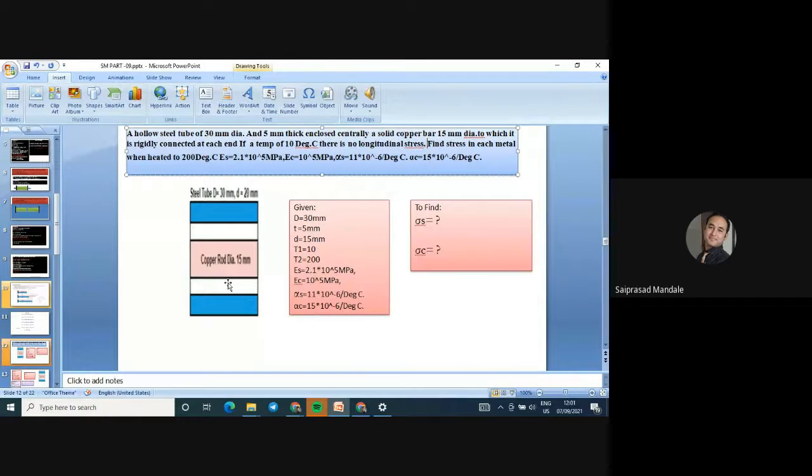Now you tell me: the external diameter of steel is given to me, so what is the internal diameter of steel? Tell me the answer.